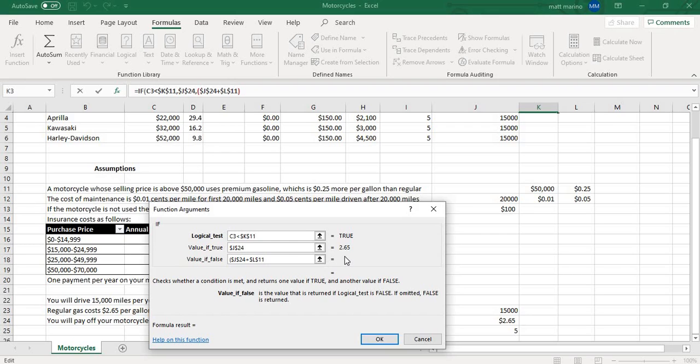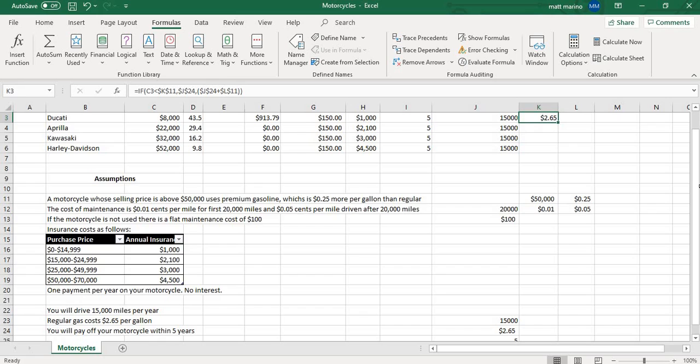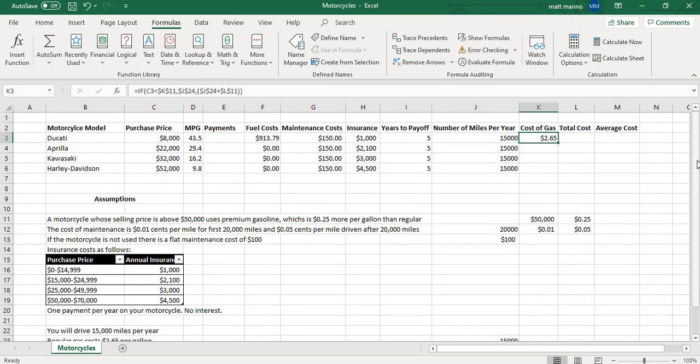So we refer to that L11 cell as an absolute as well, which gives us $2.90, which is our $2.65 plus the 25 cents. So once we click OK, you'll notice the $2.65 populates because the Ducati costs less than $50,000. When we autofill down, you'll notice something. Our formula is correct because only the Harley-Davidson, which has a purchase price greater than $50,000, has the premium extra 25-cent cost.